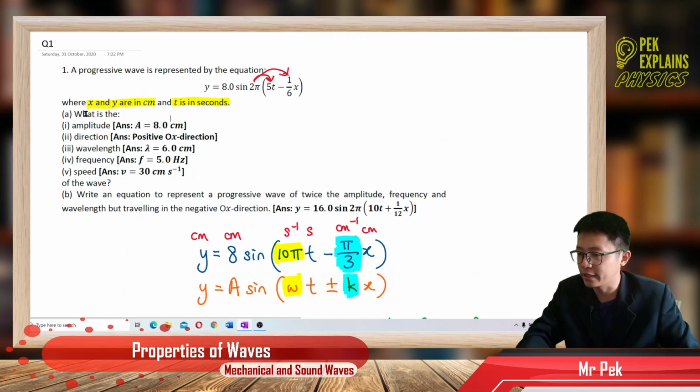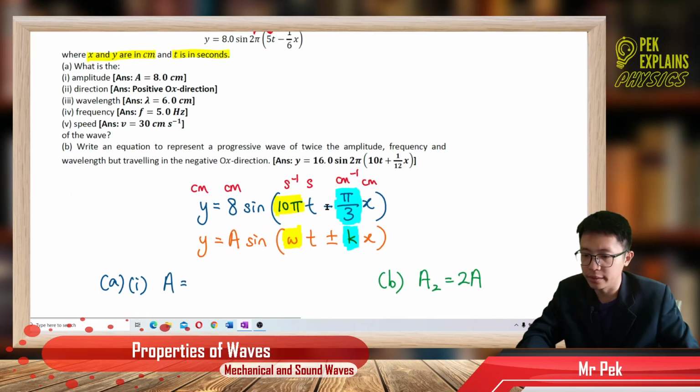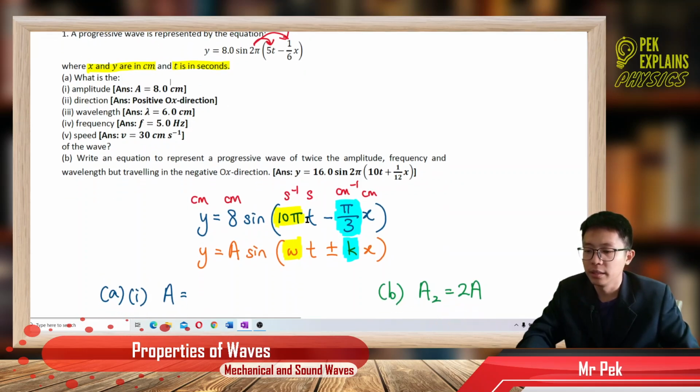And x is in centimeter, so the wave number k has unit per centimeter, not per meter. Be careful. t is in second, so ω is per second. So the unit is very important.